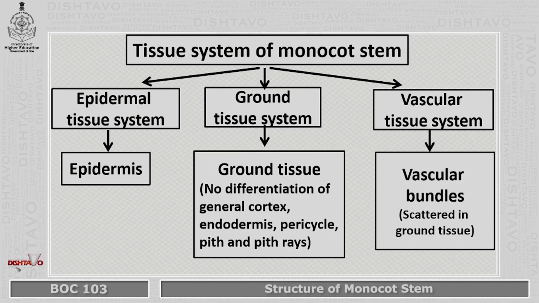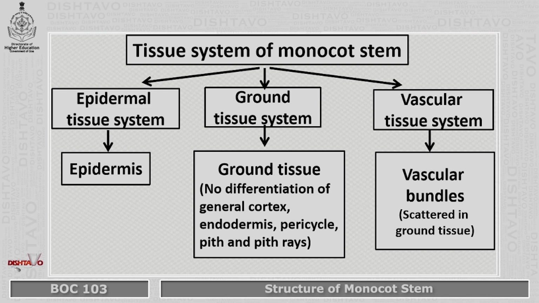When we look at the tissue system of monocot stem, we see that it consists of three different types of tissue systems. First one, epidermal tissue system. Second, ground tissue system. And third, vascular tissue system. Epidermal tissue system consists of epidermis.